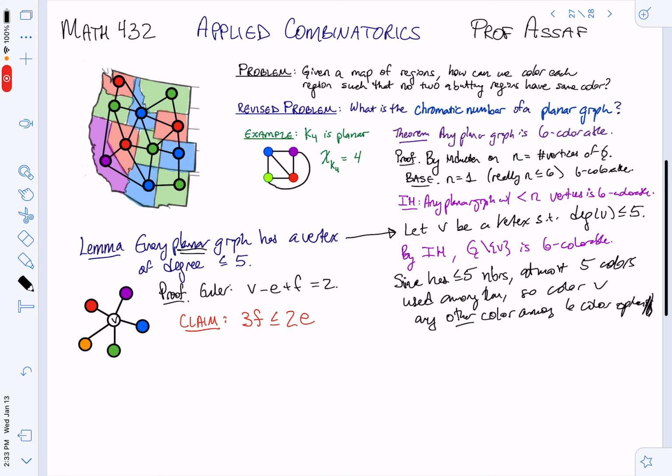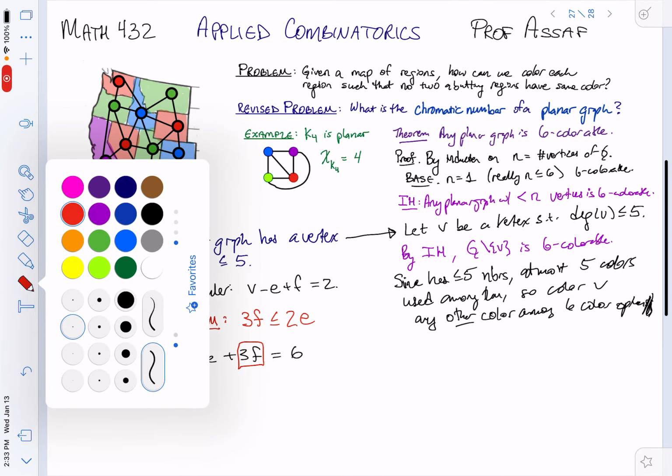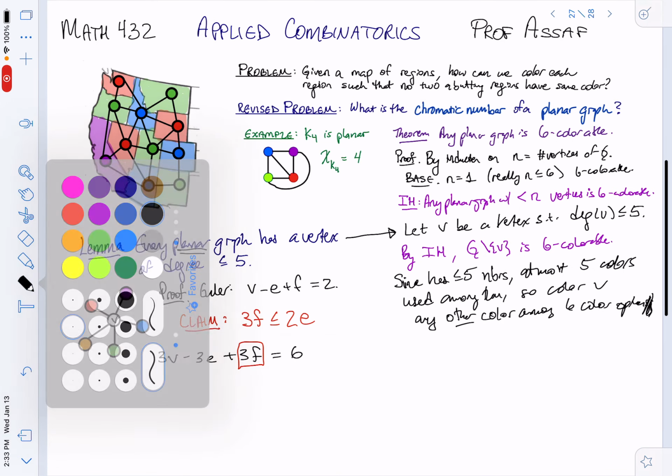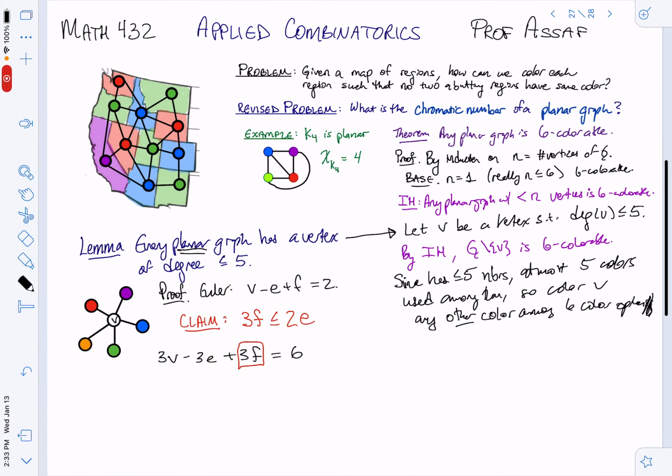Now let's combine Euler's theorem with this observation. So in order to use it properly, let me go ahead and multiply Euler's equation by 3. So we have that 3v minus 3e plus 3f is equal to 6. Okay, 3f, well, that's where the claim is going to come in. So let's move that over.